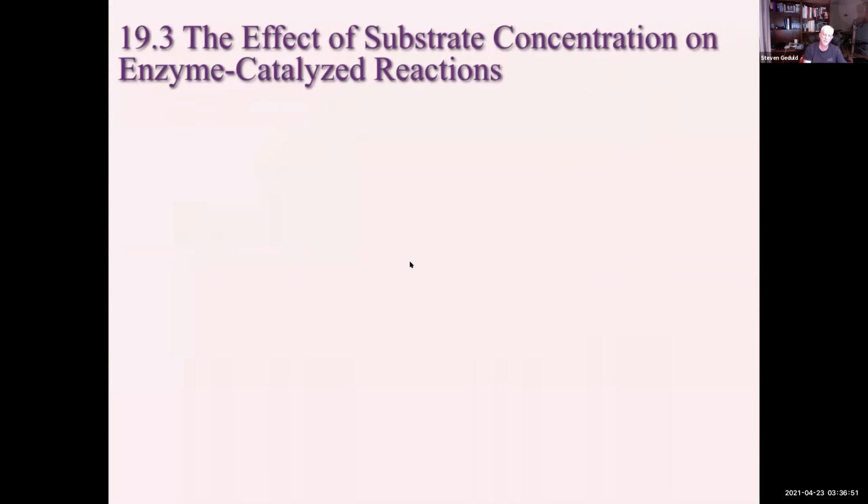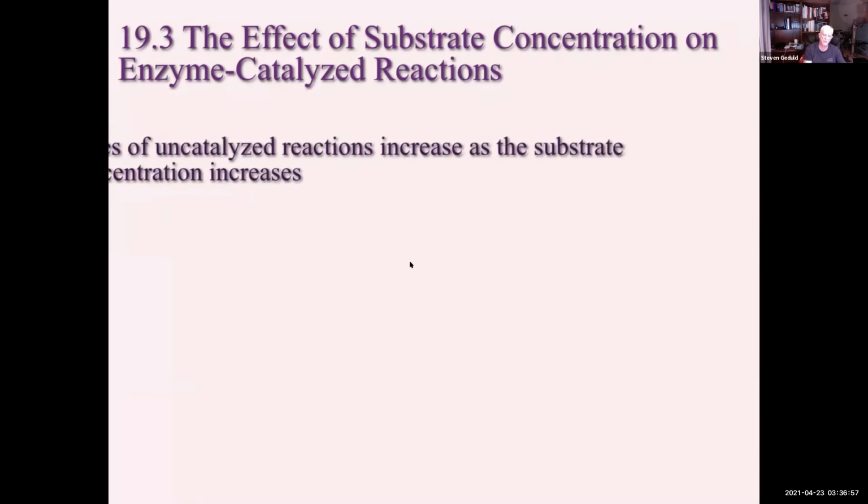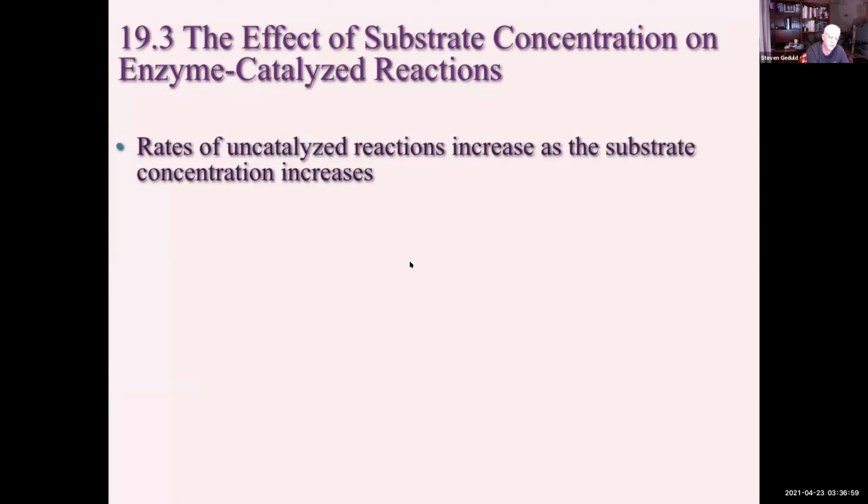Okay? Now we can affect how quick an enzyme catalyzed reaction goes, depending on what we're starting with. So rates of an uncatalyzed reaction increase as the substrate concentration increases. Okay? So say we have this that's going to react and it's going to produce our product.